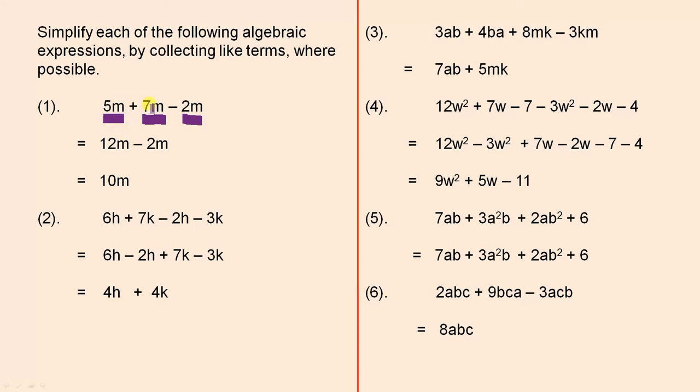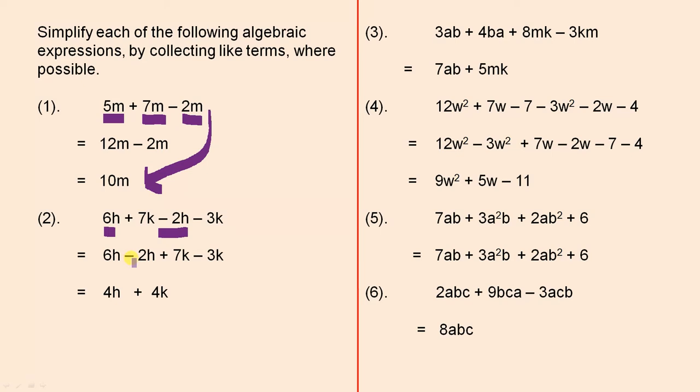We can combine those two because each of them has m. 12m minus 2m is 10m. So you can see how we've simplified that expression to 10m because we have like terms, so we're allowed to combine the terms. Example 2, we have four terms here. Now what we do, we pick out the like terms.